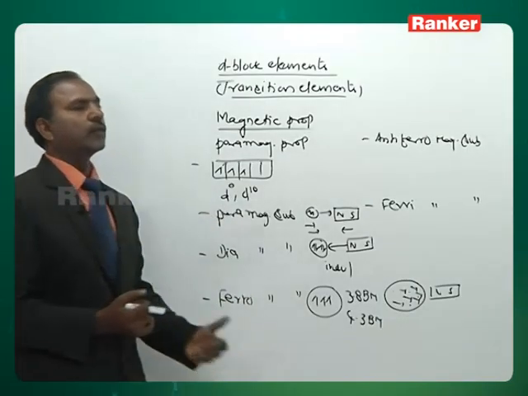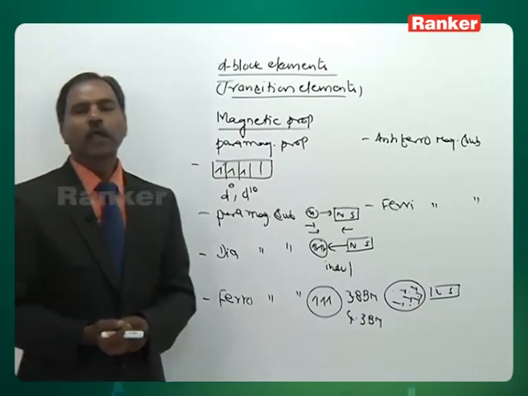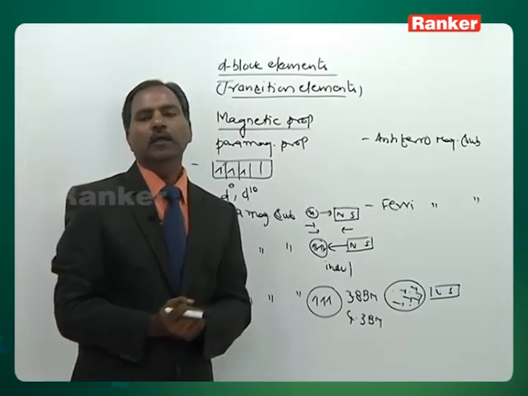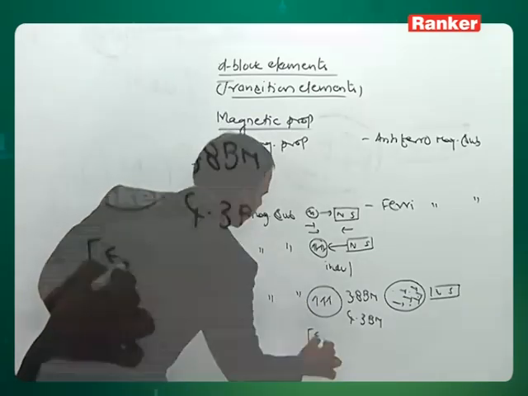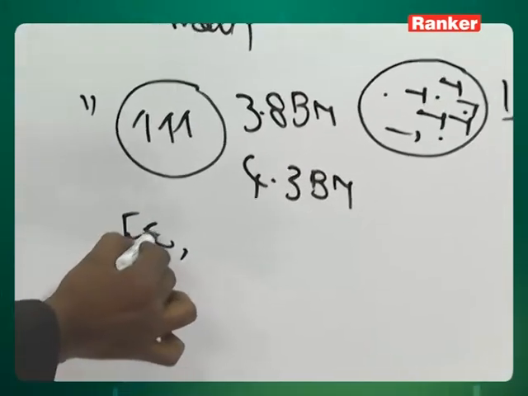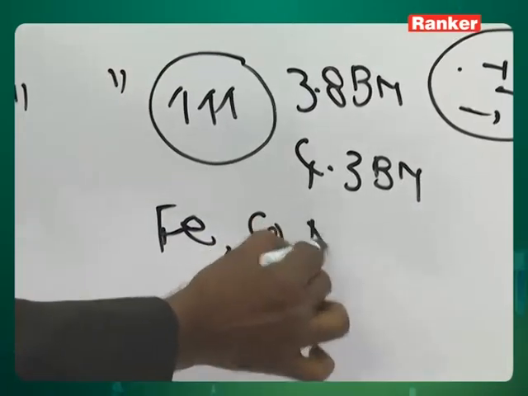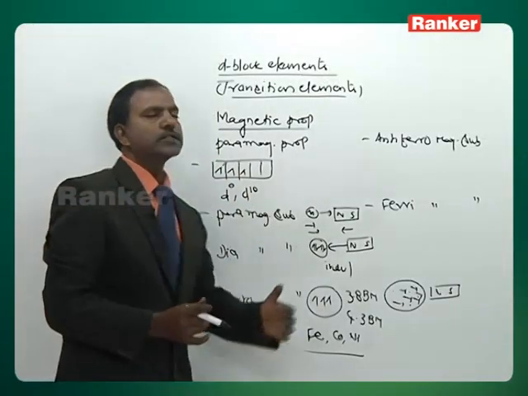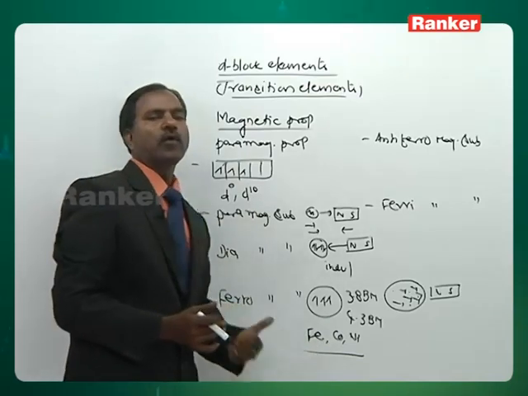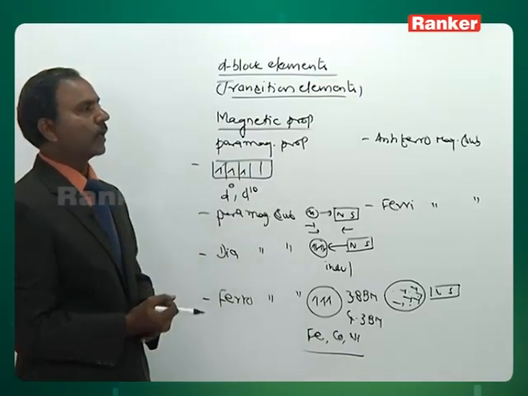Such a substance we call what? Ferromagnetic substance. What are the examples of ferromagnetic substances? Most of iron, cobalt, nickel and their compounds generally exhibit ferromagnetic property.